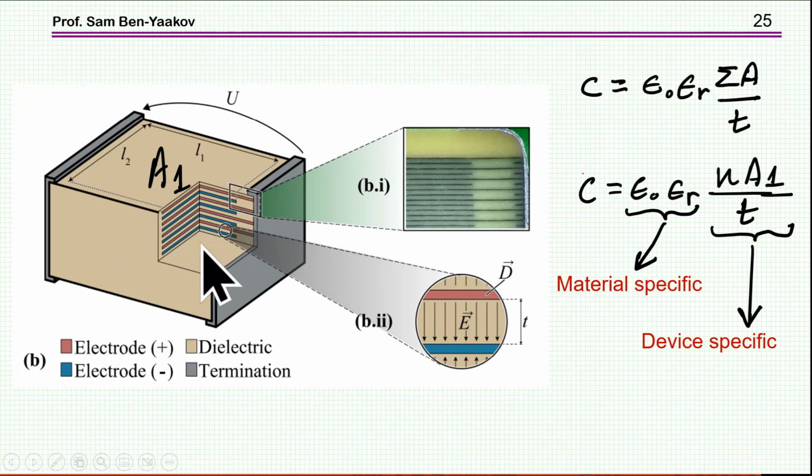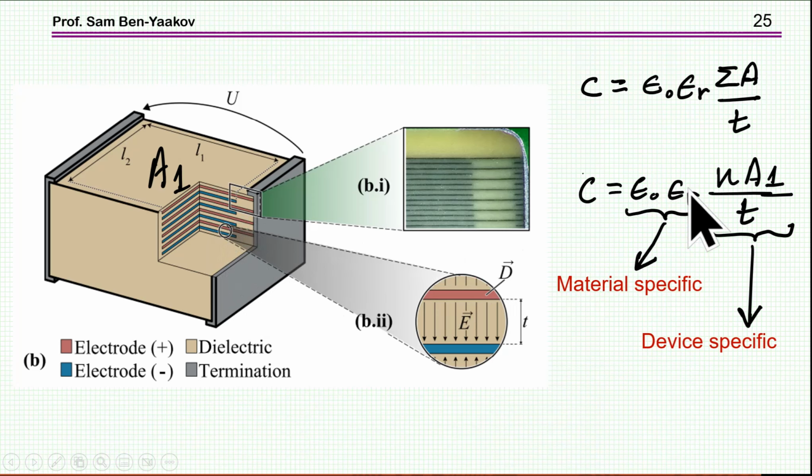And then we have the material itself, the dielectric material in between, the total of which gives us the capacitance. So the total capacitance will be the dielectric constant times the total area divided by the distance between the electrodes, and let's assume that the distance is the same for all layers.